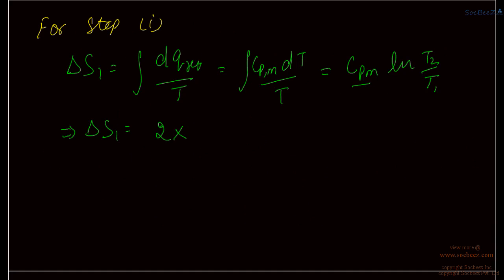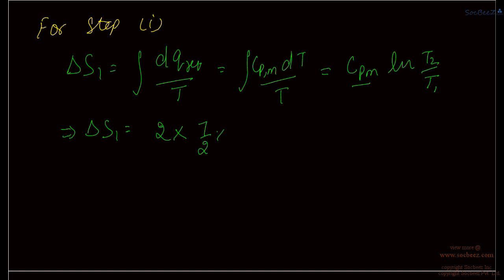Okay, now if we convert this into molar heat capacity, since this is for 1 mole, if we are considering molar heat capacity, then we will multiply it with the total number of moles, because the number of moles is more than 1.